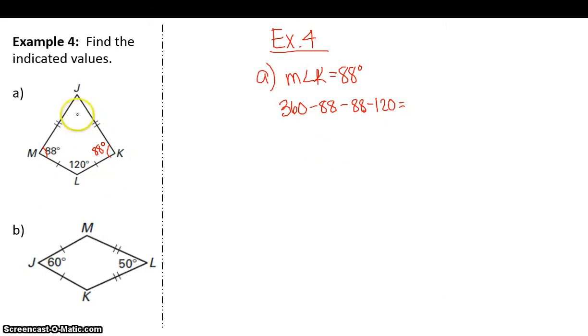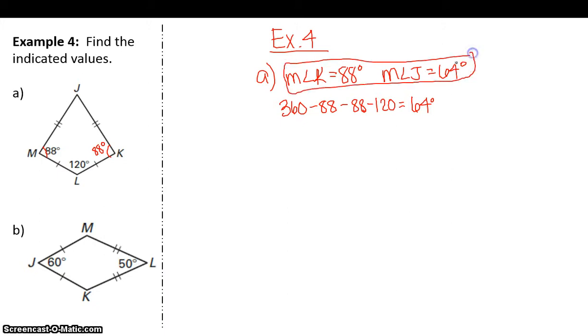I know all 4 angles in any quadrilateral have to add up to 360, minus the 88, minus the other 88, and minus the 120. So the measure of angle J is going to be 64 degrees because that's what's left over. Okay, so that's your answer. Now again, you don't have to show all of this work. I was just showing you where I'm getting my numbers from.